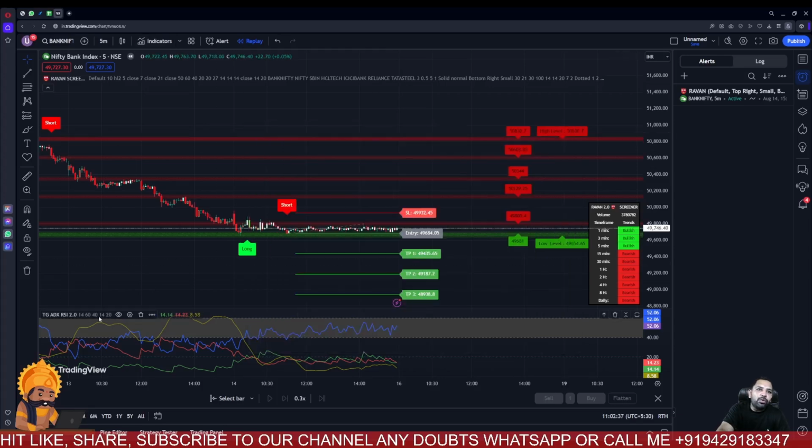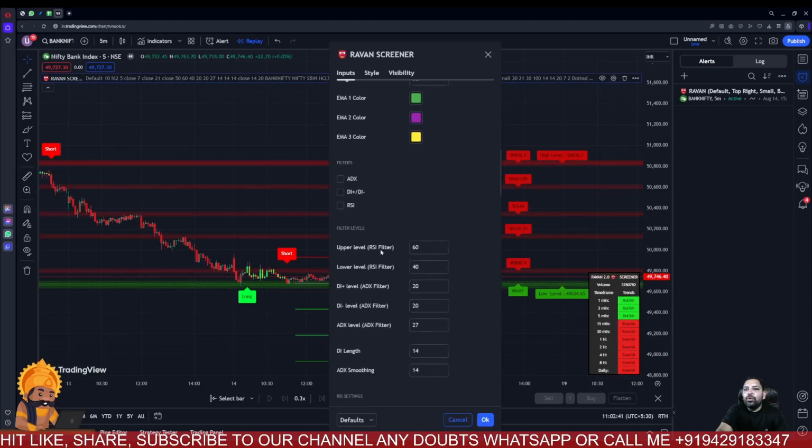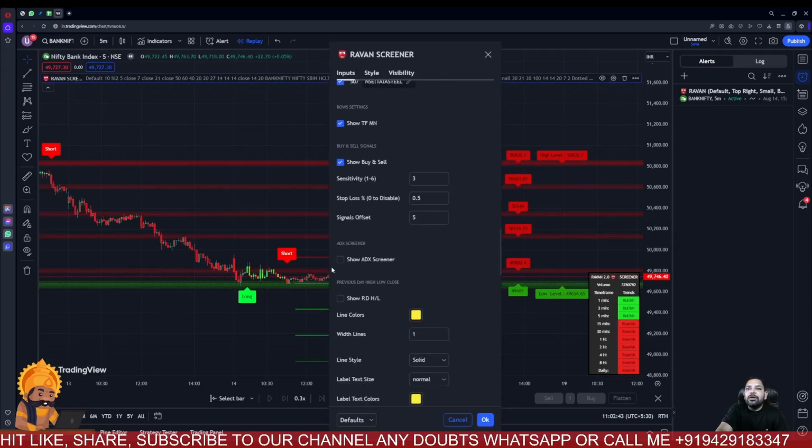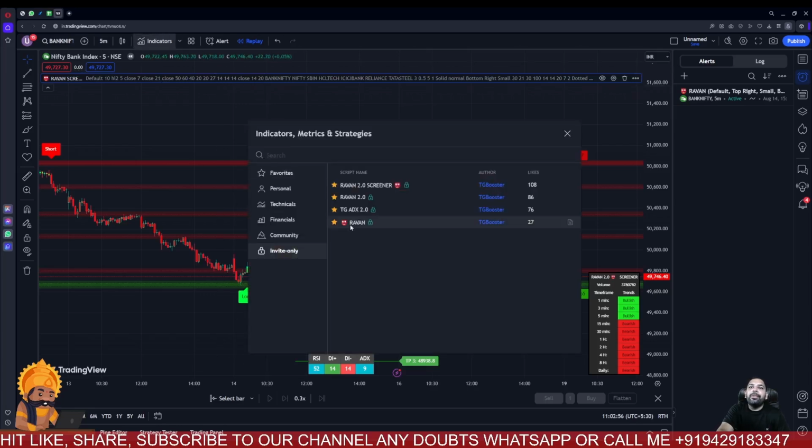For example, if I do not want to use this indicator, you can activate, as I told, the show ADX indicator on the chart, right? All the values will get updated, you can see here. And you can apply the Ravan indicator on the chart.